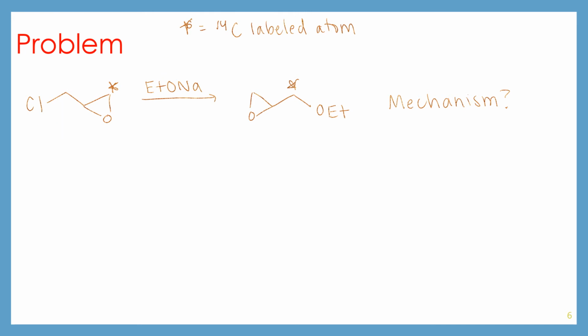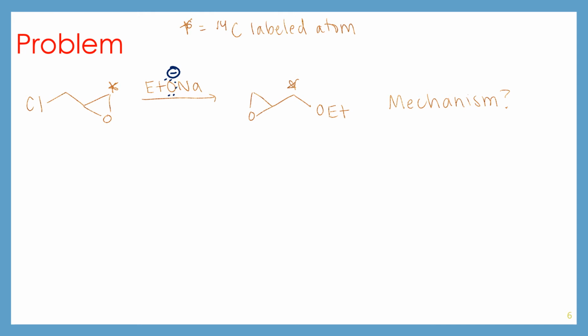If it were to do that, we would end up with this product, asterisk here, epoxide here. And that's not what we have indicated as our product. So where is the only other electrophilic position? You may also notice that the oxygen of the ethoxy group is attached to the carbon-14 labeled carbon atom.